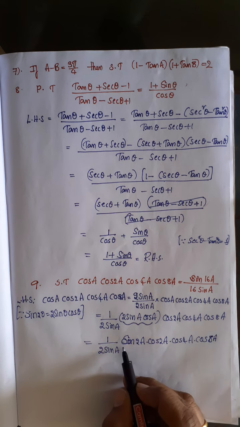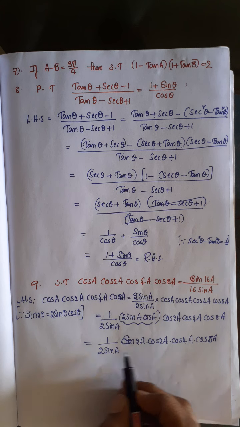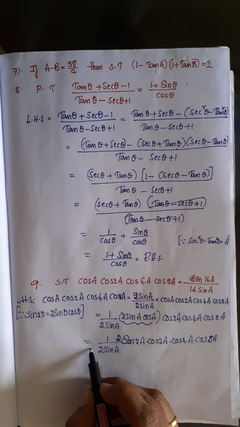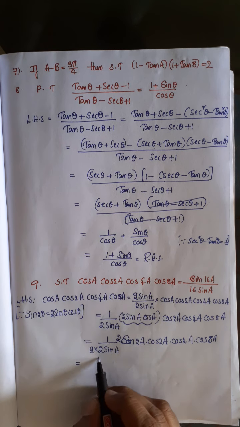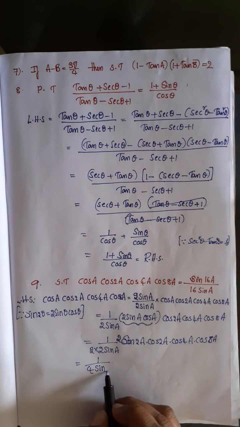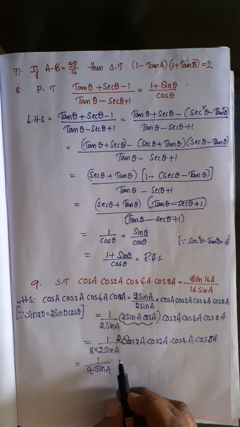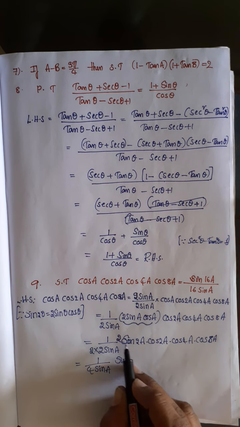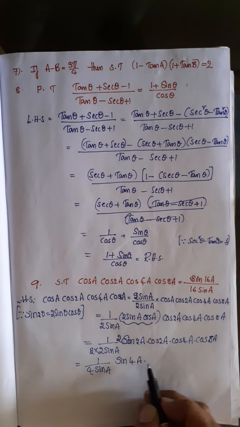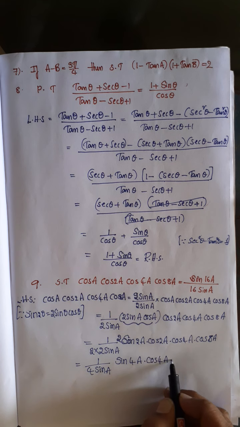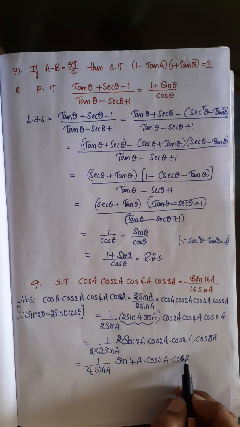Here this is also sin theta cos theta. We do not have 2 here, so again I am multiplying with 2. So, here 1 by 4 sin A, 2 sin theta cos theta, sin 2 theta, 2 into 2A, 4A, cos 4A, cos 8A.